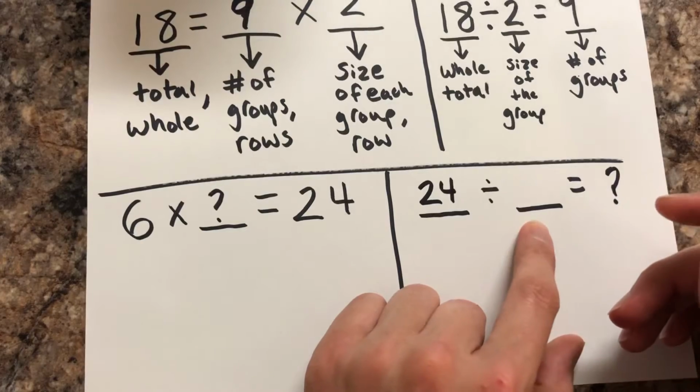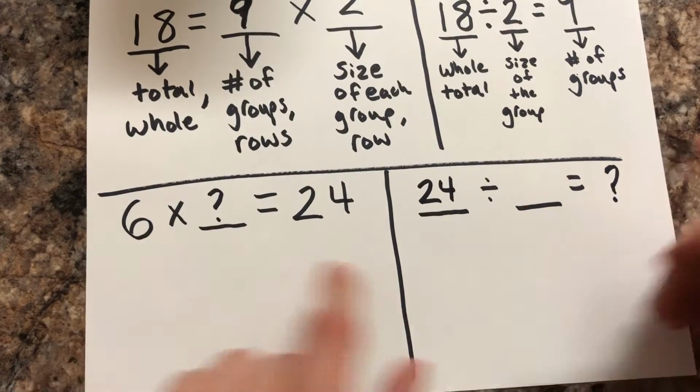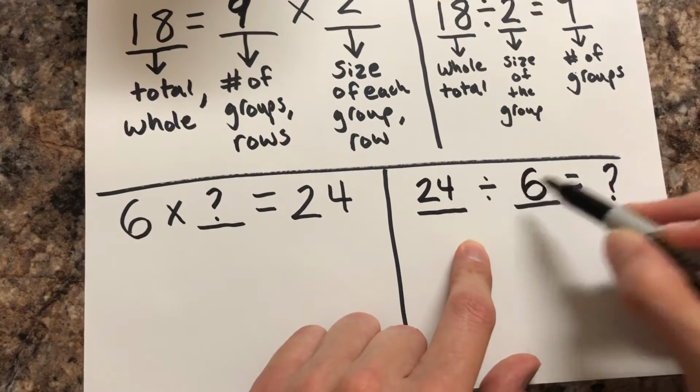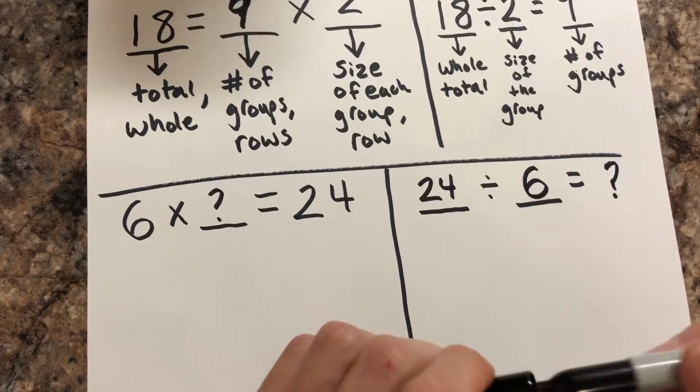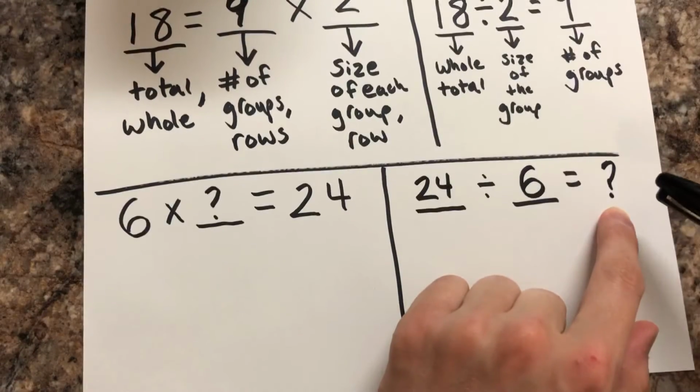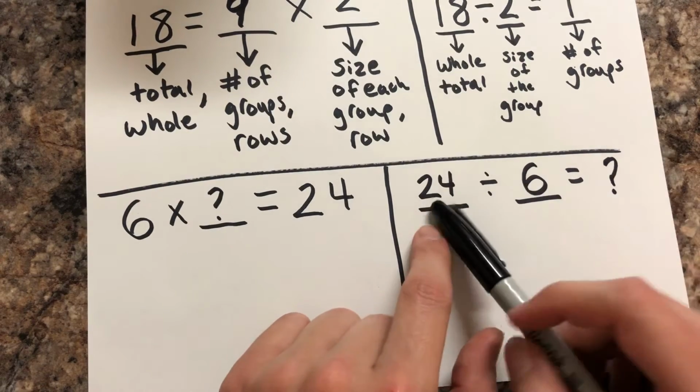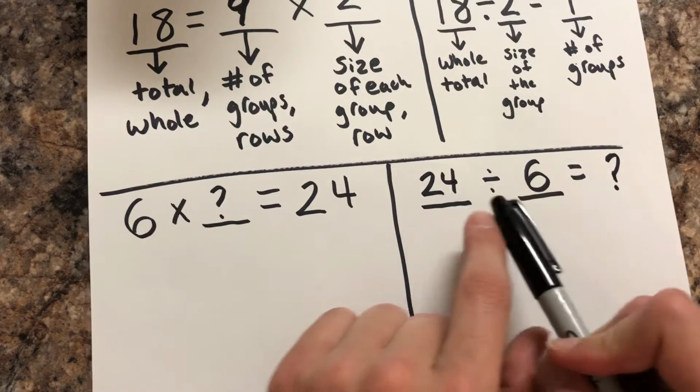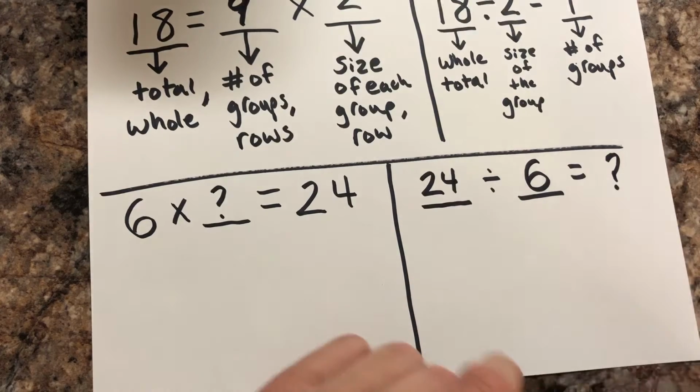And then I'm going to plug in the factor that I know. In this case, it's 6. I know that there are 6 groups. I'm trying to solve for the size of the group. How many are going to be in each group? So then my division sentence says 24 divided by 6 equals blank.